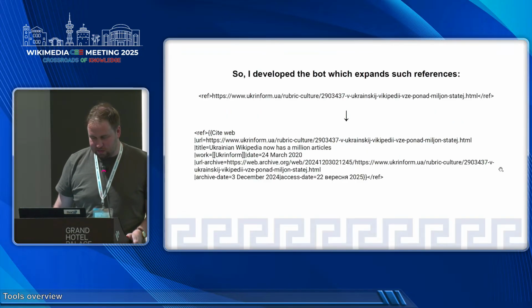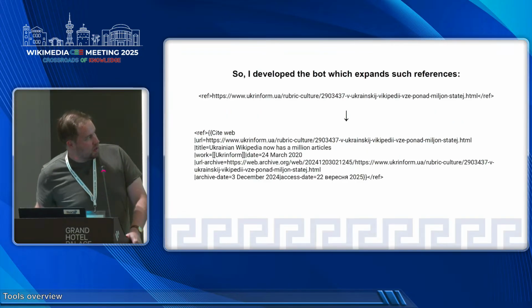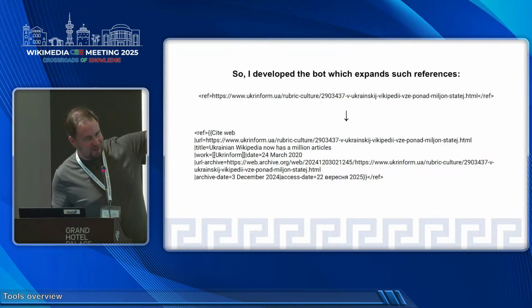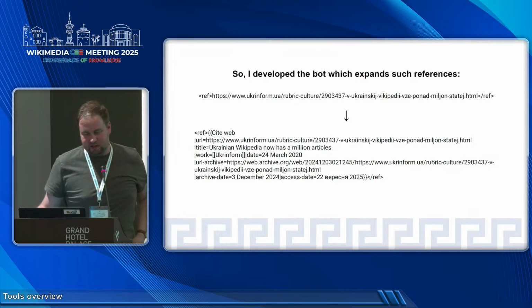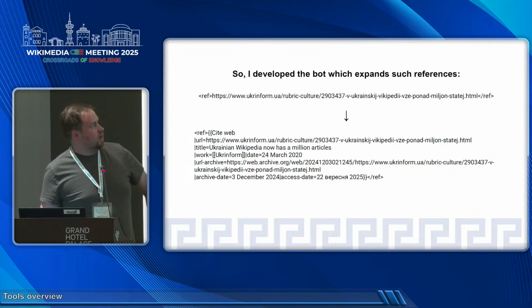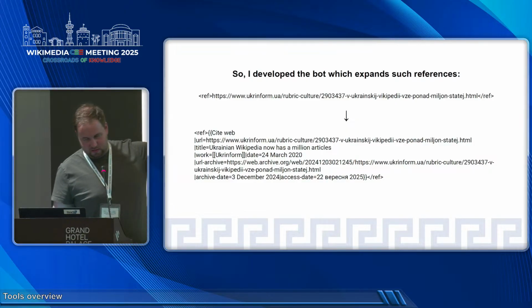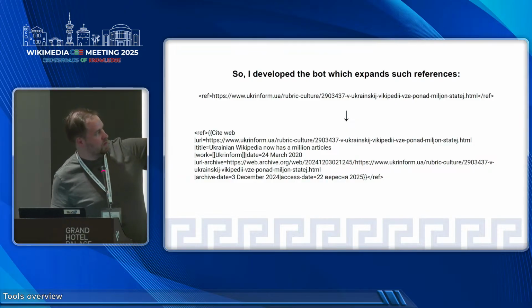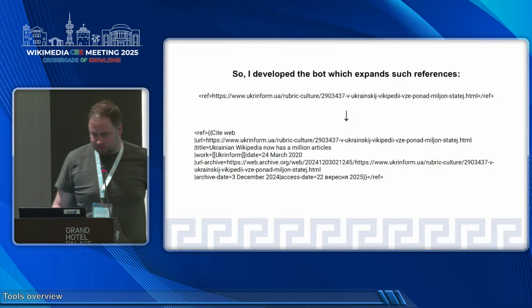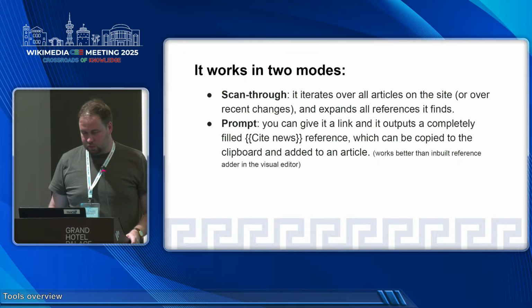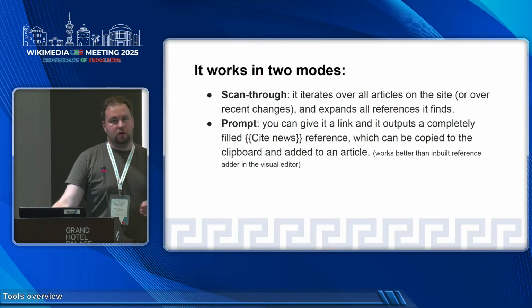So I developed a bot which can turn this lazy form into a filled out form with all the information it could gather. It adds a lot of information: title, publisher, date, archive link, and so on, and it works in two modes.